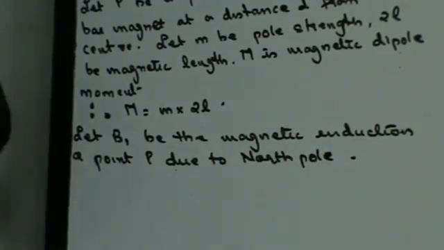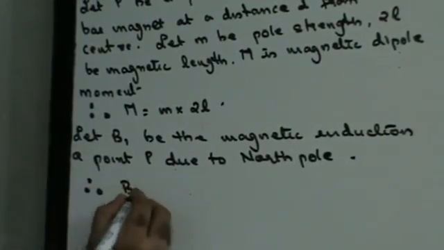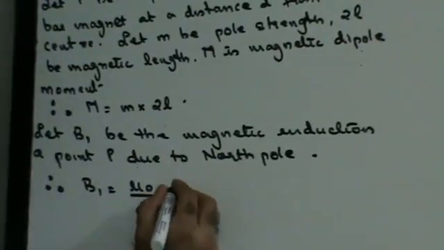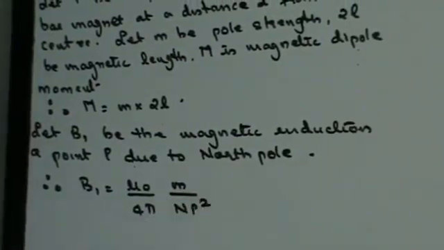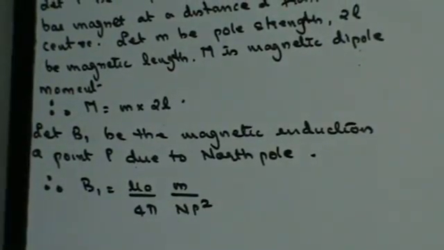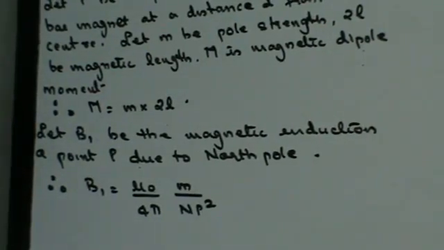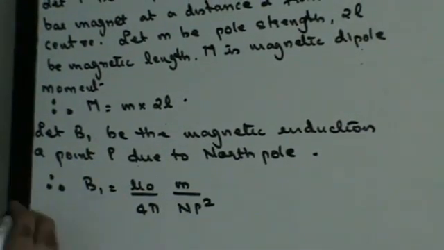Then B1 is mu 0 upon 4 pi, m upon NP square, where mu 0 upon 4 pi is the permeability of free space and m is the pole strength. It is directly proportional to the pole strength and inversely proportional to the square of the distance. This induction is directed away from the magnet, as you can see in the diagram.